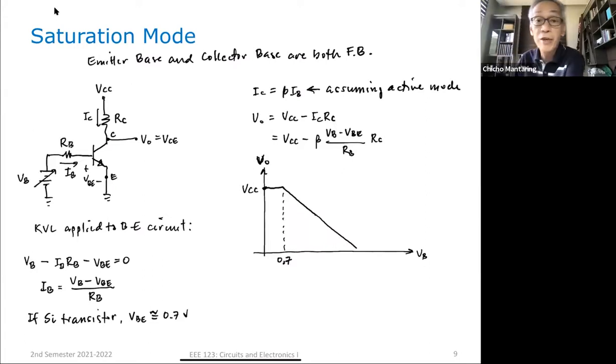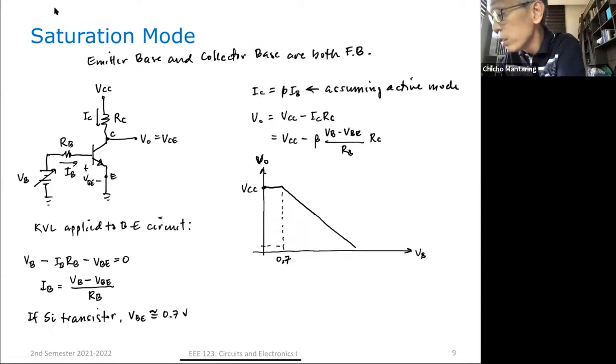Now, will it decrease forever? The answer is no. At some point, when it reaches a value which we will call VCE SAT, okay, at some point, even if I increase V sub B further, even if I increase the value of IB, no?